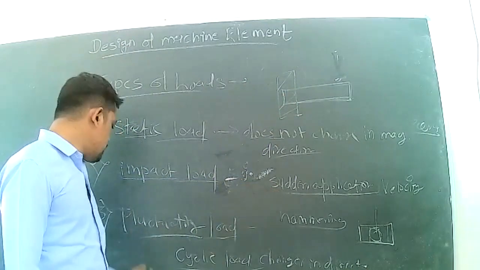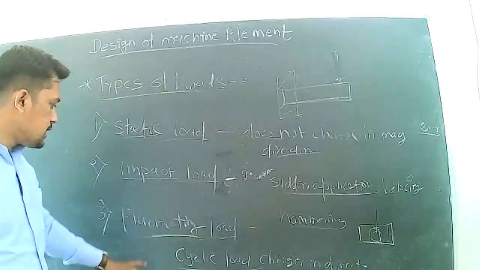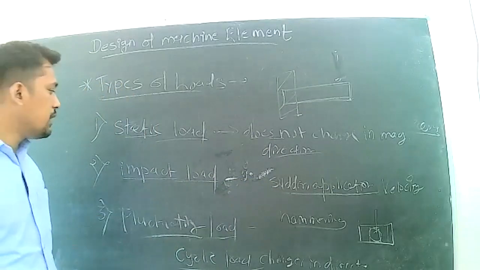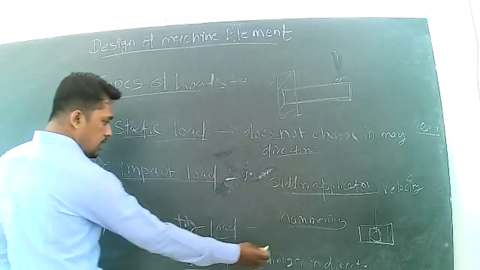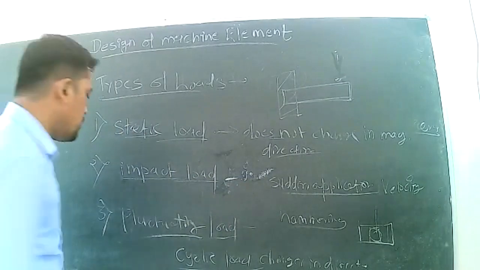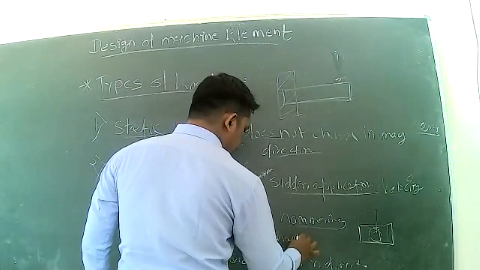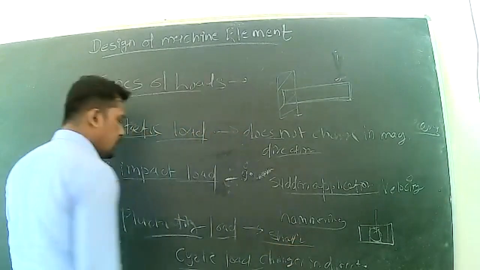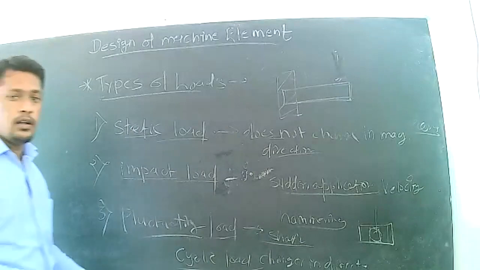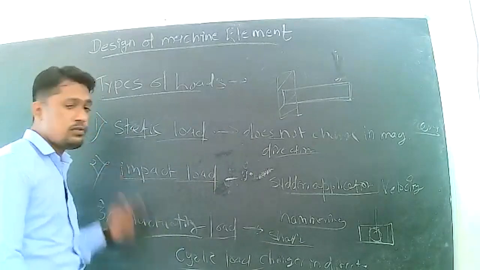Third one is fluctuating load, which is cyclic load, a change in magnitude or direction. Its example is a shaft. We apply some force on the shaft, and it's fluctuating all the time. These are the types of load we have seen.